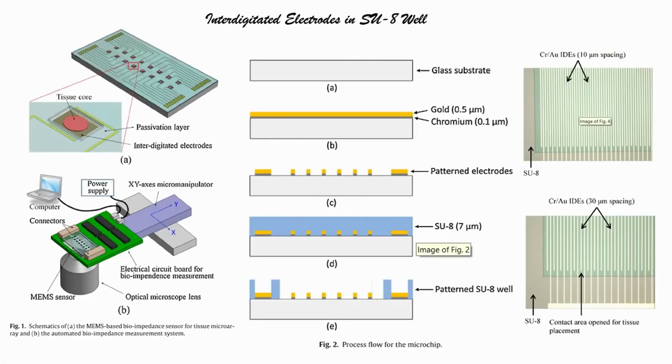Last class we have seen this, which is our interdigitated electrodes within an SU8 well. Let me quickly repeat what we have seen and how we can fabricate. I will continuously show the process flow, so be with me.